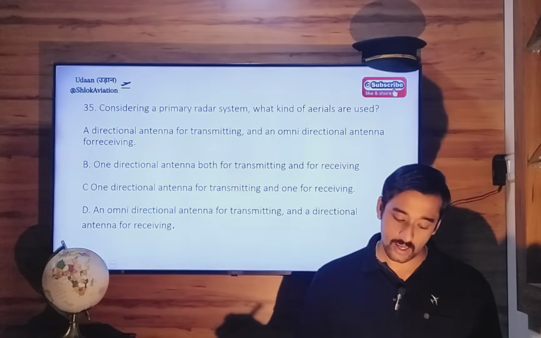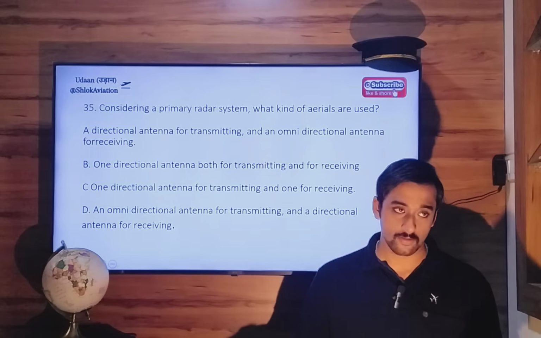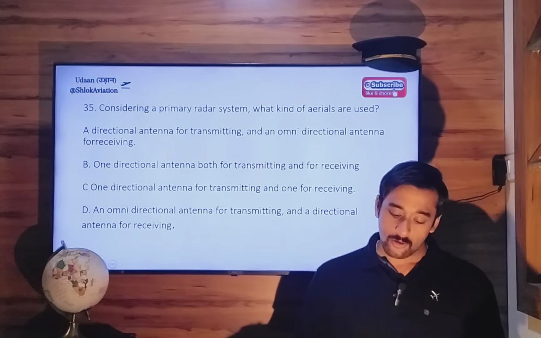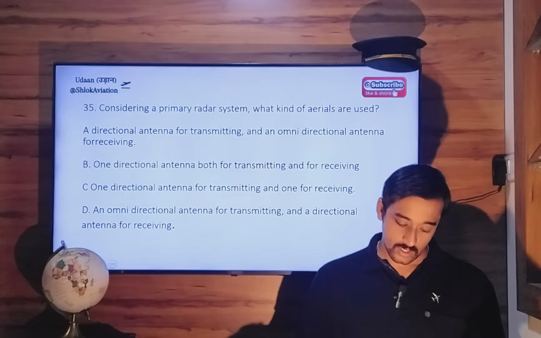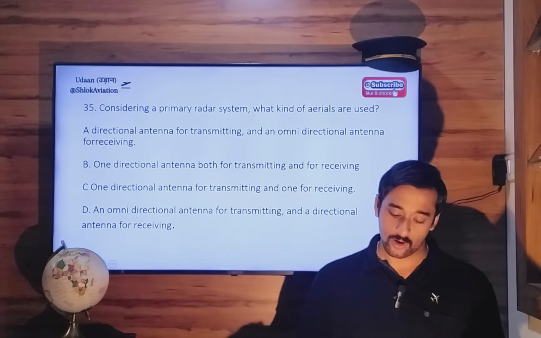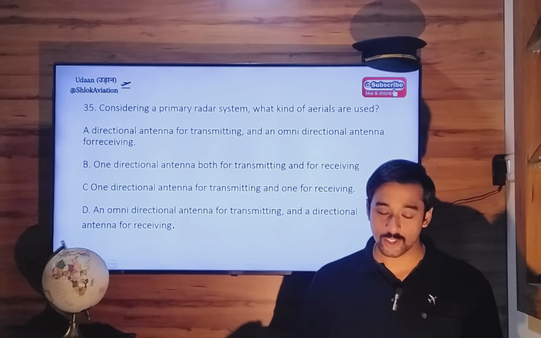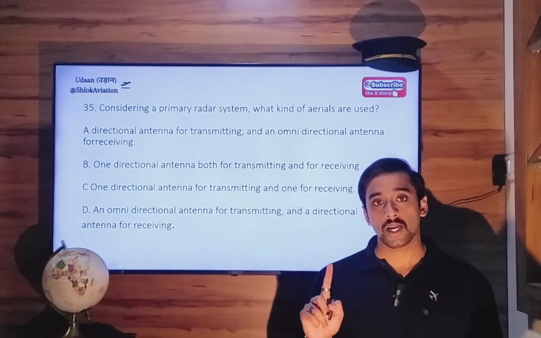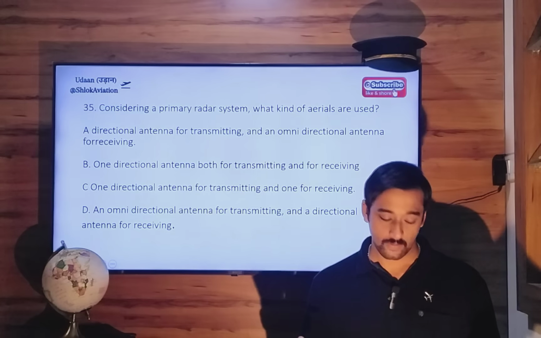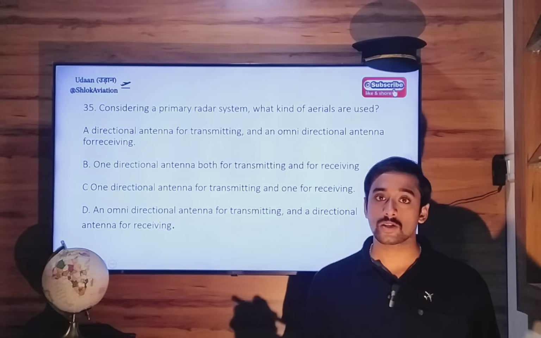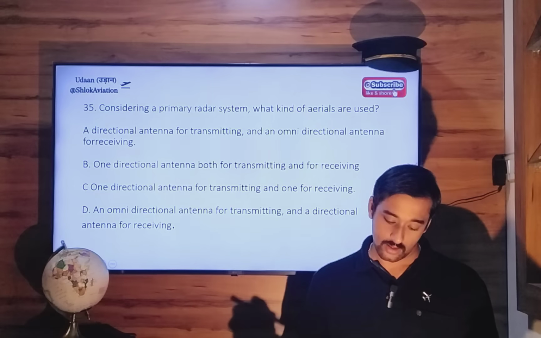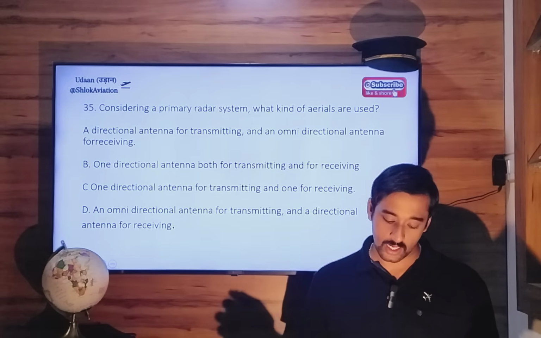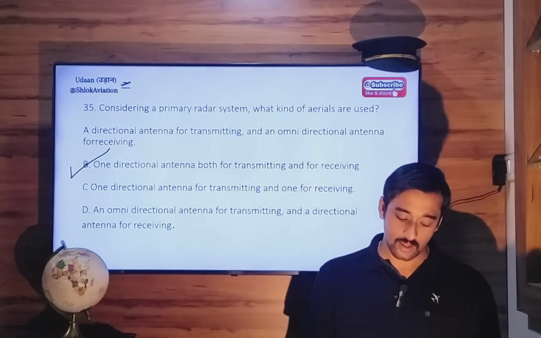Next, question 35. Considering a primary radar system, what kind of aerials are used? Directional antenna for transmitting, omnidirectional for reception, one directional antenna for transmitting, another directional antenna for receiving, one directional antenna for both transmitting and receiving an omnidirection. So correct option is option Bravo.